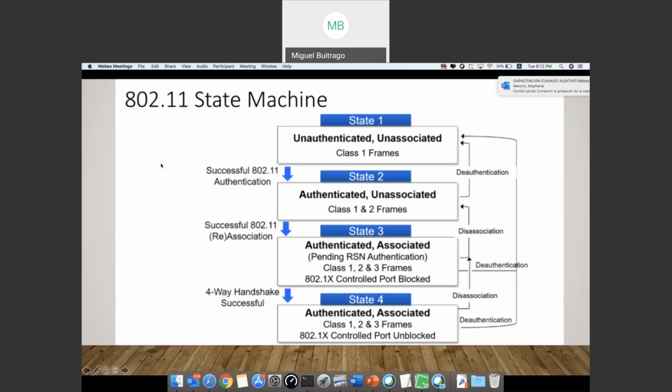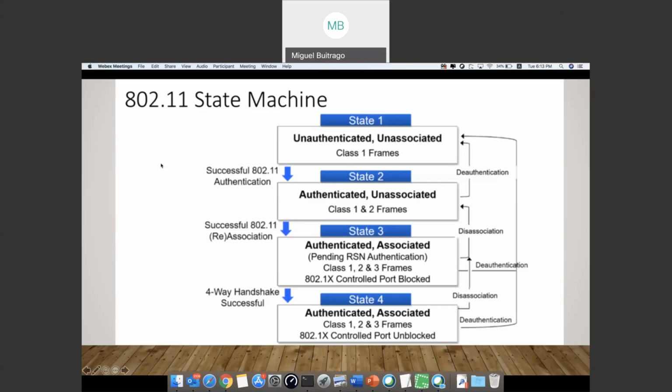In this step, when a client uses WPA2 personal or enterprise, and in this slide I showed you WPA2 enterprise, the 802.1X controlled port is blocked.